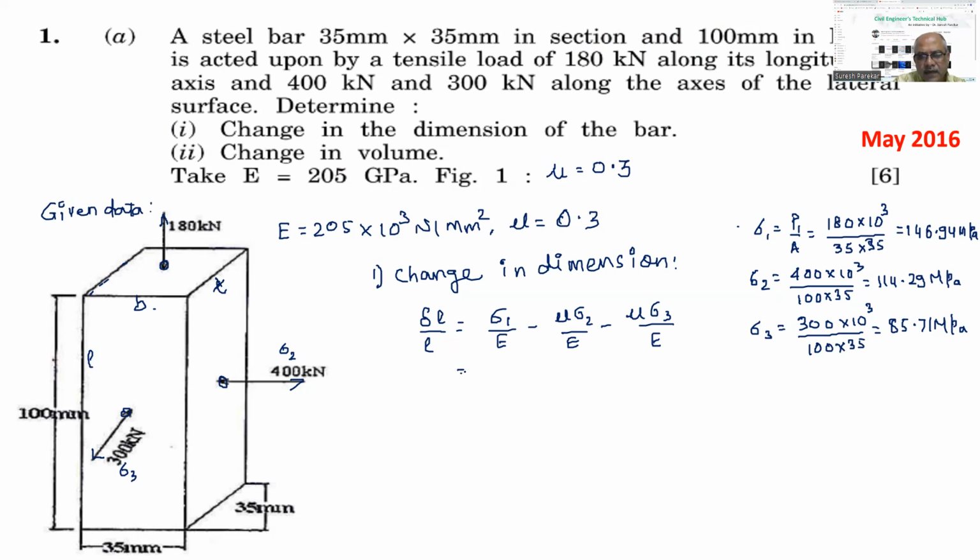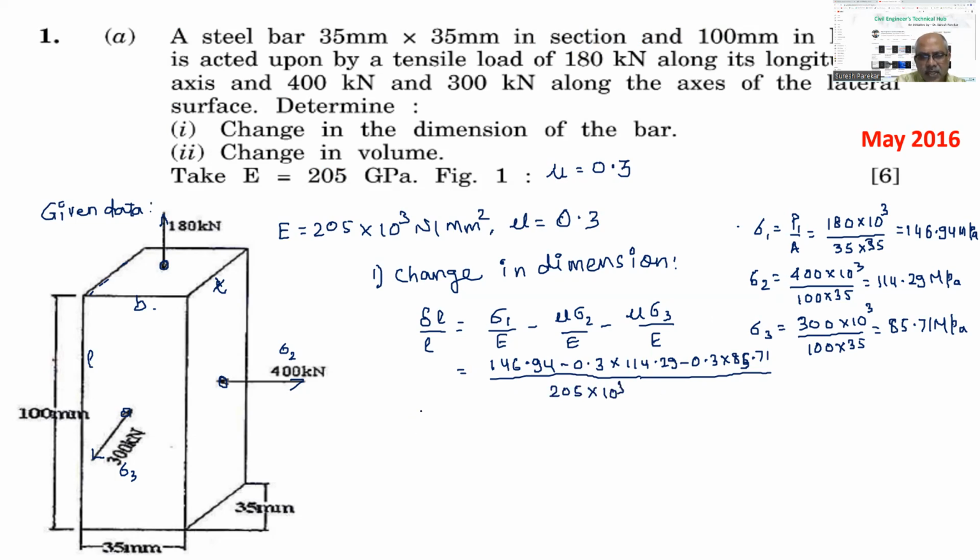Now we will calculate the values one by one. Delta L by L: we have sigma 1, 146.94, minus, now E is the same for all, the denominator is the same, so I will directly go 0.3 into sigma 2, 114.29, and minus 0.3 sigma 3, 85.71, divided by 205 × 10^3.